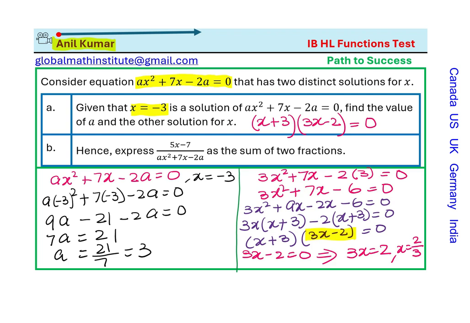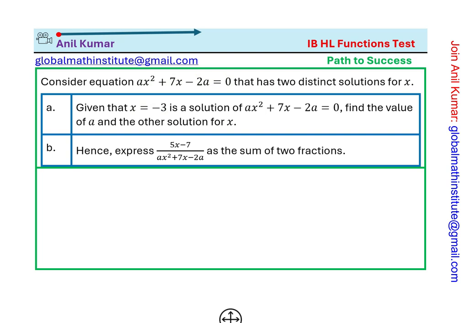Now we come to the second part where we are given 5x minus 7 over ax squared plus 7x minus 2a, the same quadratic equation. We need to split it into two fractions. Let us see how do we do that. Right, I'll copy the solution there on the next page and then we'll continue, correct? So x plus 3 and 3x minus 2 are the two factors.